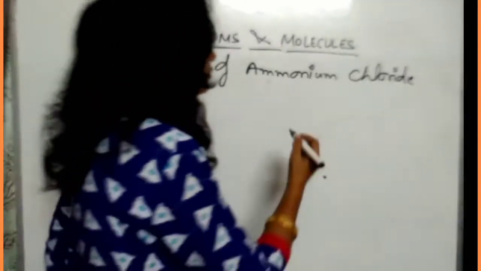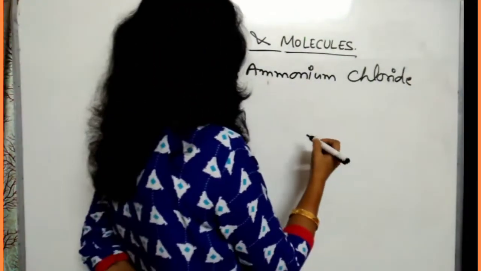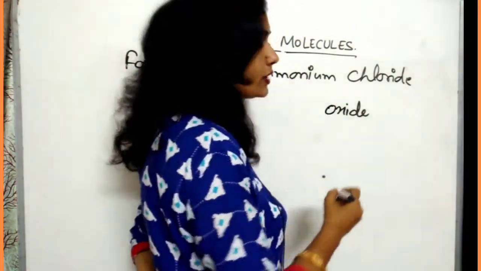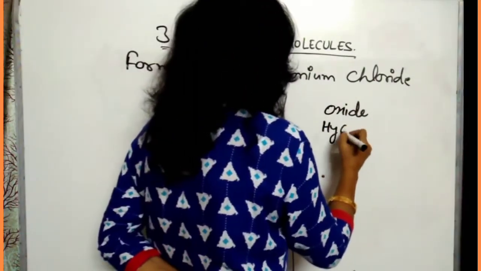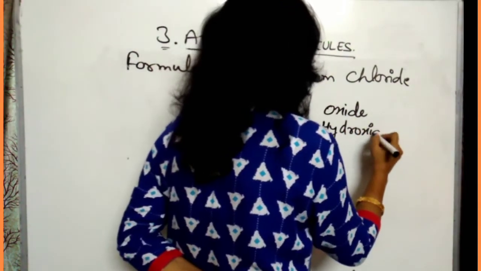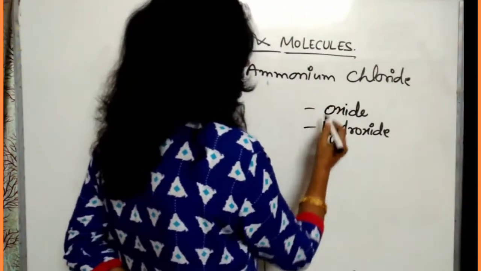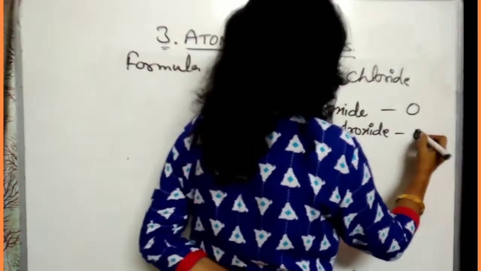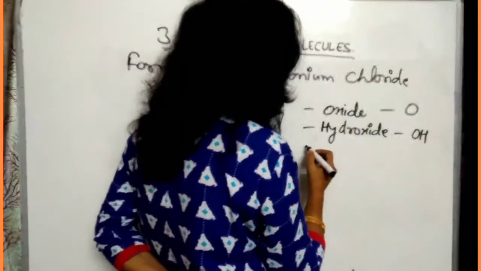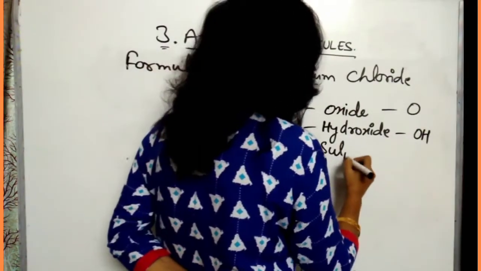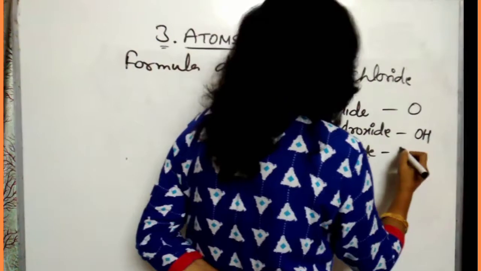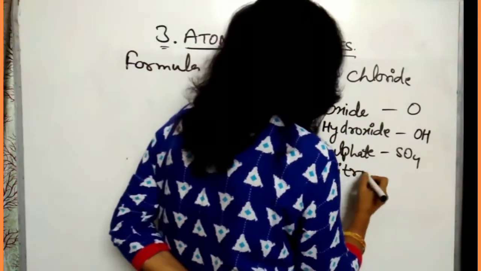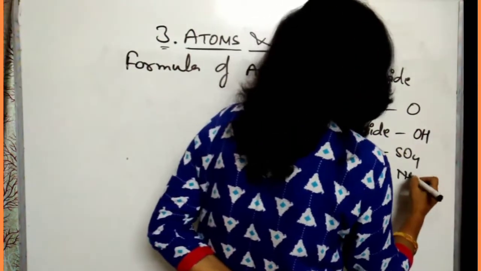Actually we have the formula of oxide, like magnesium oxide. After that hydroxide, that we have not written. I will give you the example also. For oxide we will write O, for hydroxide we will write OH. For sulfate we will write SO4, for nitrate NO3.